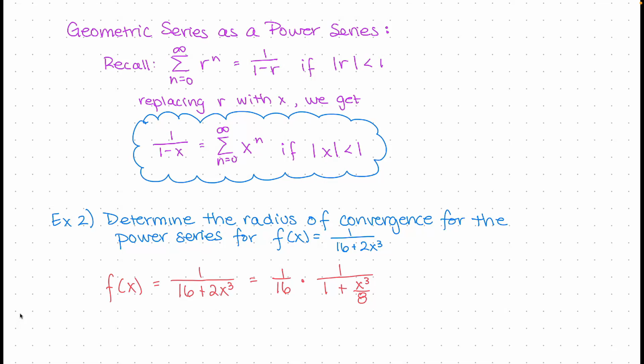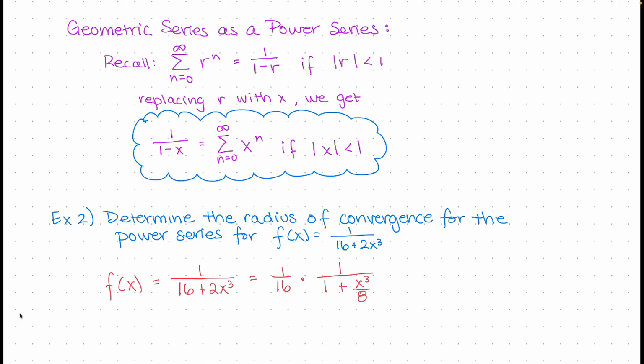So I got the 1 where I want it, but now I got a plus sign where I want a minus sign. Dang it. That's all right. I'll just make it 1 minus a negative x cubed over 8 instead.